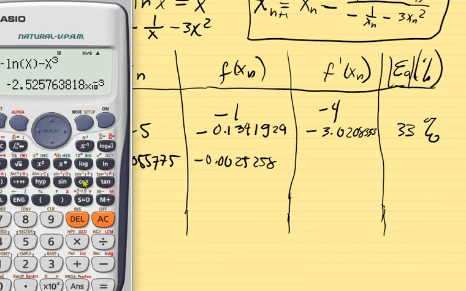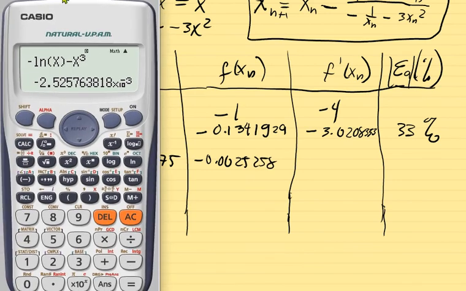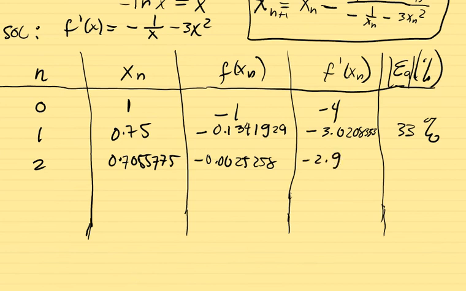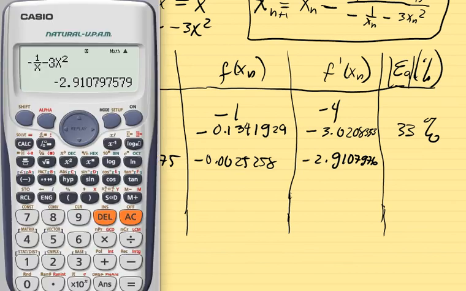Then for f prime, this one, the same. Equals. So it will be negative 2.9107976.